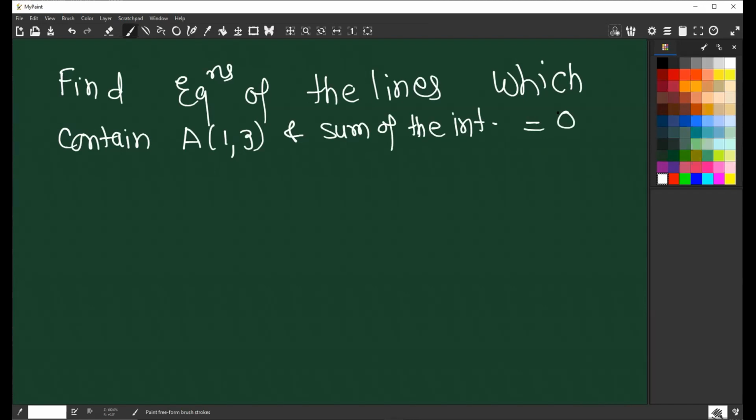Find the equations of the lines which contain (1, 3) and sum of the intercepts are 0. Chalo. You can take your time.